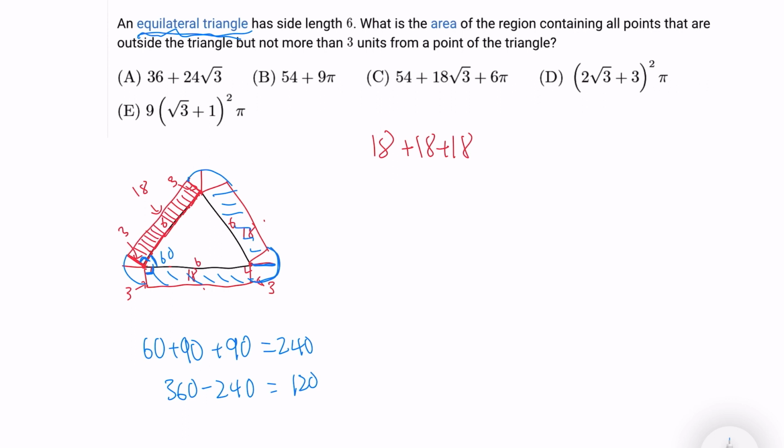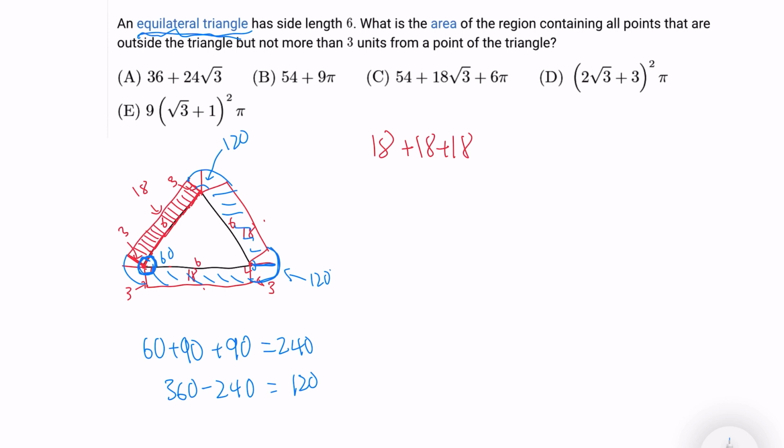We used 360 because this whole thing forms 360 degrees, so we can find the angle of this portion of the circle that we need the area of. So the angle of the little portion of the circle is 120 degrees.